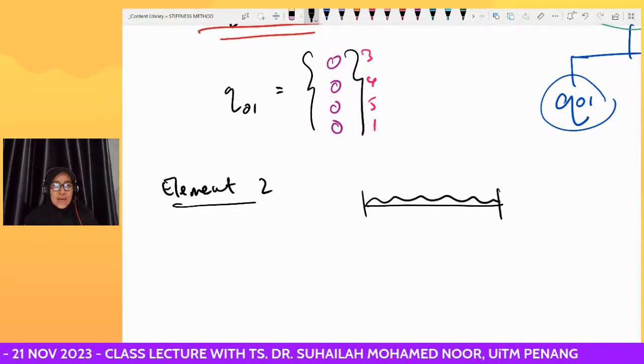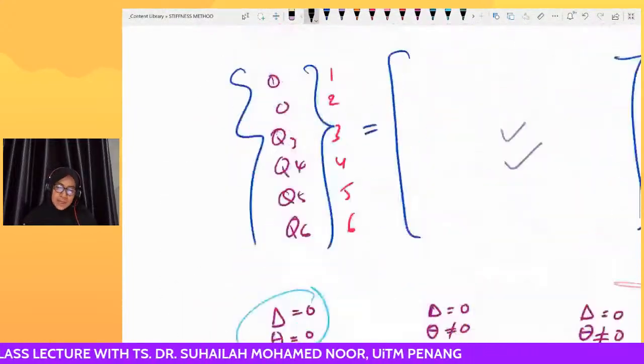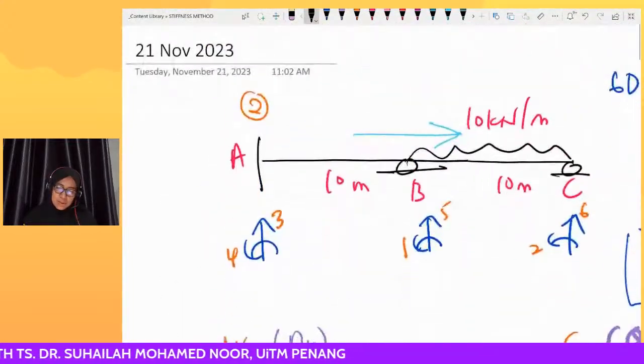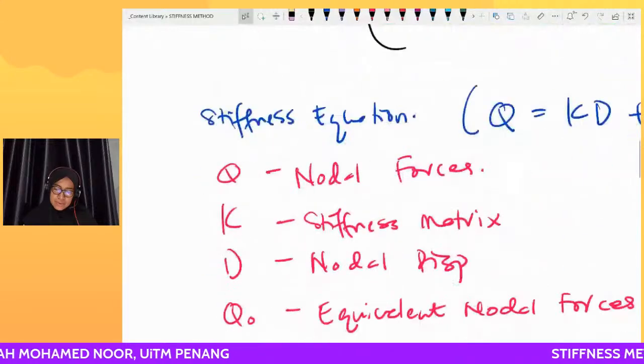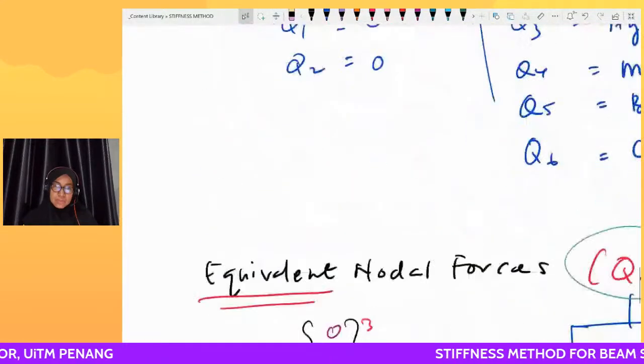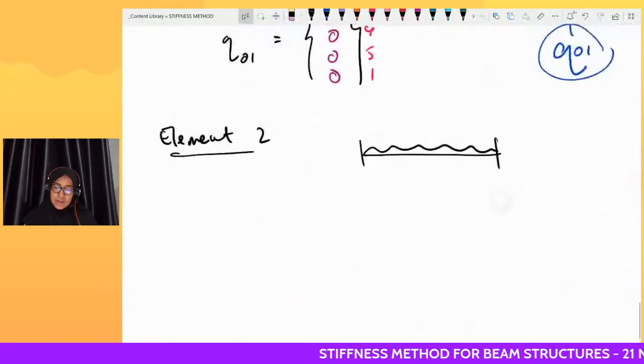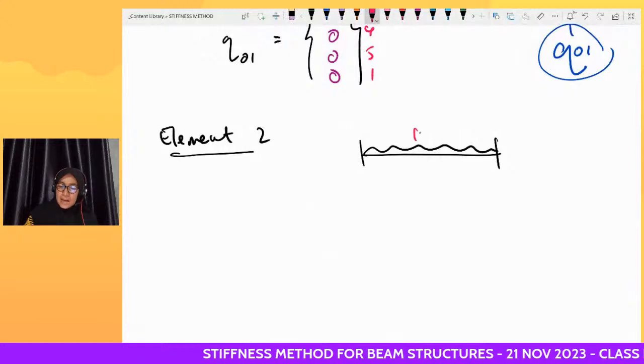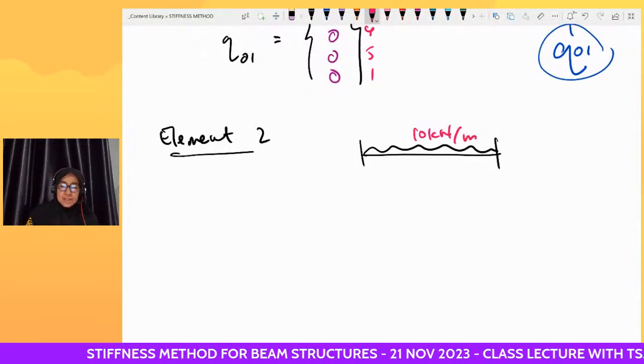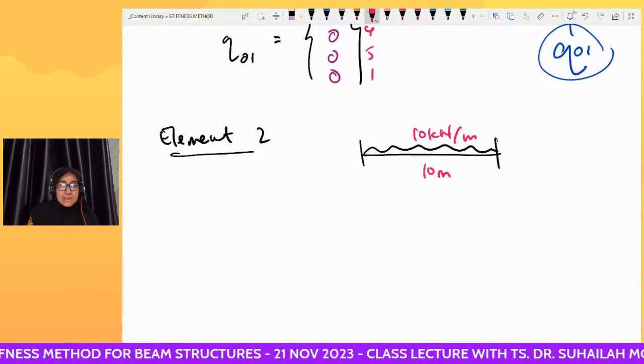It is a UDL, 10 and 10. This is 10 kilonewton per meter along the 10 meter length.